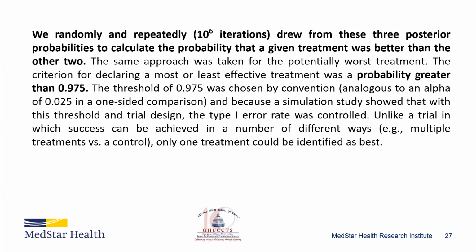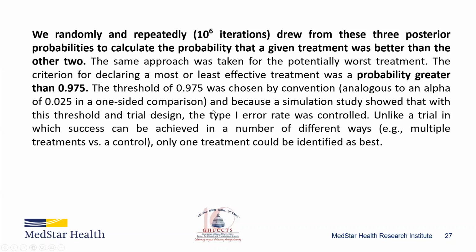And so their definition here of better or most effective was a probability greater than 0.975. So in other words, any one particular treatment we're going to have a threshold here of 0.975 to declare it better than the other.